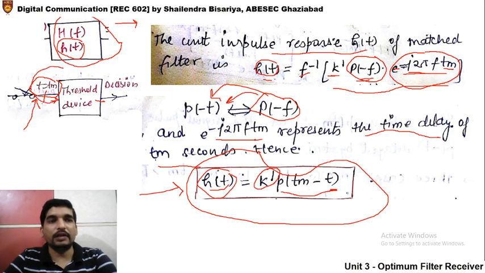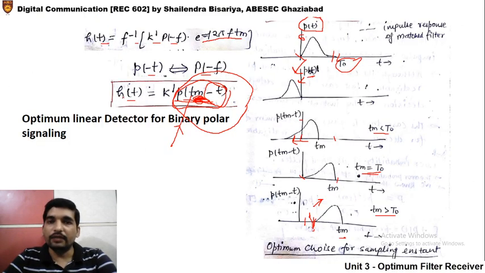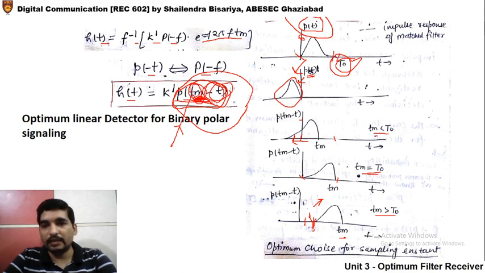To understand it, first of all we drew the curve, the shape of p(t) for time interval T0. Then we said, what will be the value of p(minus t)? We drew that curve. Then we shifted it, p(minus t) is shifted with time Tm, taking different values of Tm. That is three cases: Tm less than T0, second case Tm equal to T0, and third Tm greater than T0.